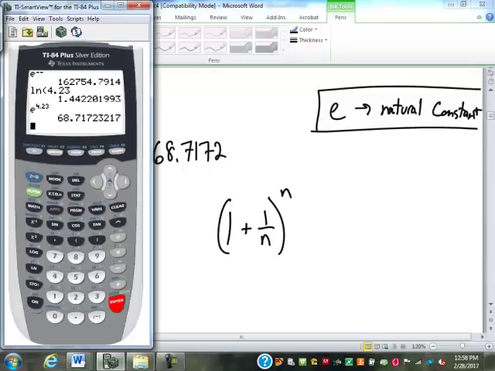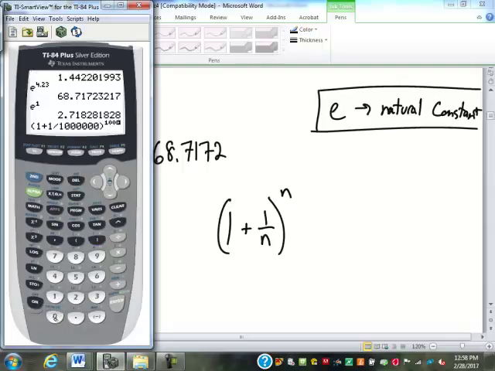If I do second e to the power of 1, that's the actual number e right there, 2.71828, right? If I use this expression, though, 1 plus 1 divided by, and let's put in 1 million, notice I get really close to it. It's off after about 4 or 5 decimal places. So that's where that number comes from.